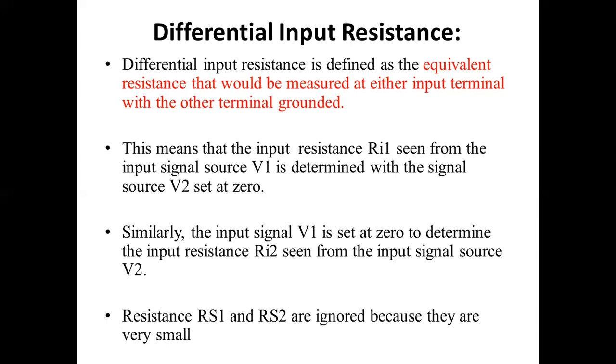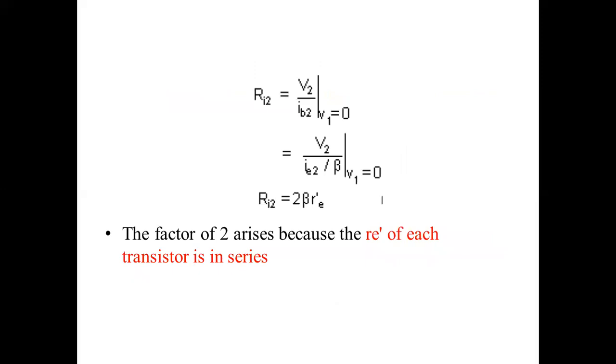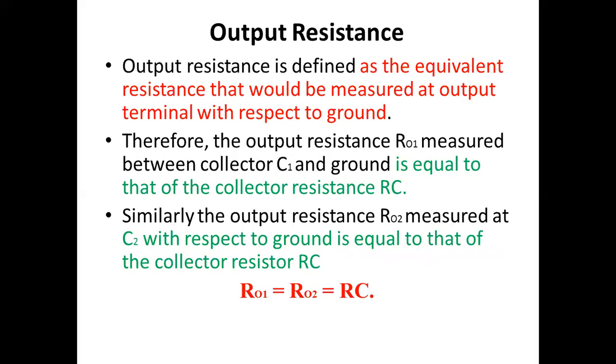It is an equivalent resistance measured at either input terminal, that is, at the base of transistor 1 or the base of transistor 2, keeping the other terminal grounded. That we have already seen, it can be measured as Ri1, Ri2 at the base itself.